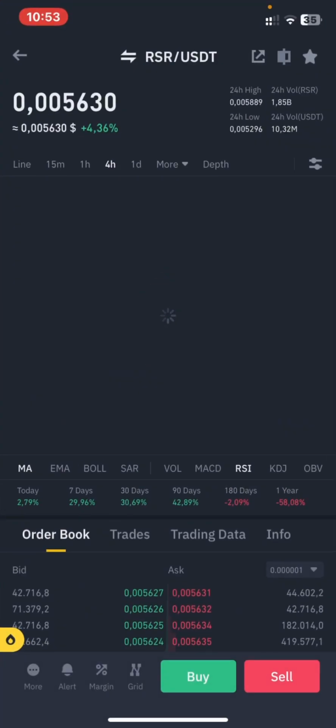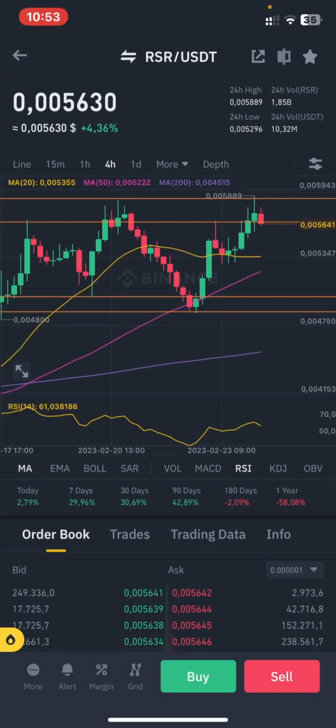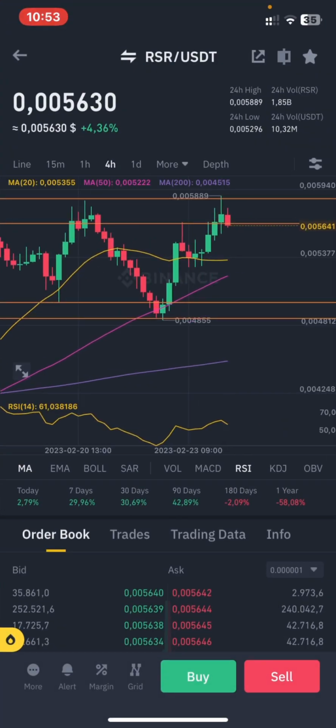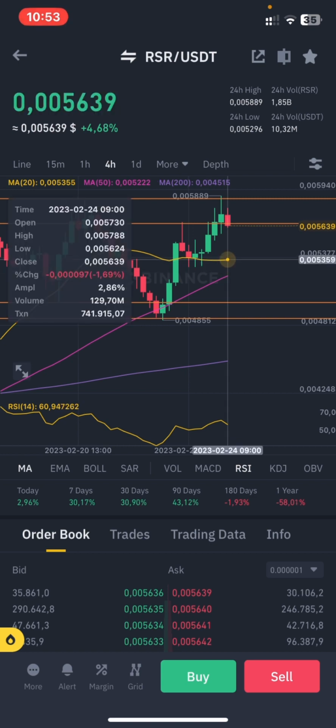I'm using Binance to read the chart. So right now over here, this 20 MA. I think there is support over here when the price comes to this place. So right now I'm going to set my take profit to 0.00359. So I know this is realistic.